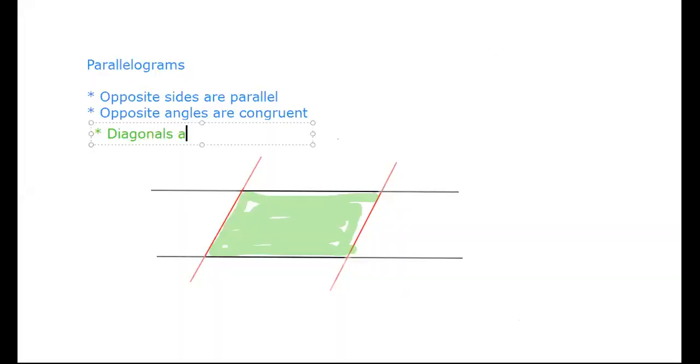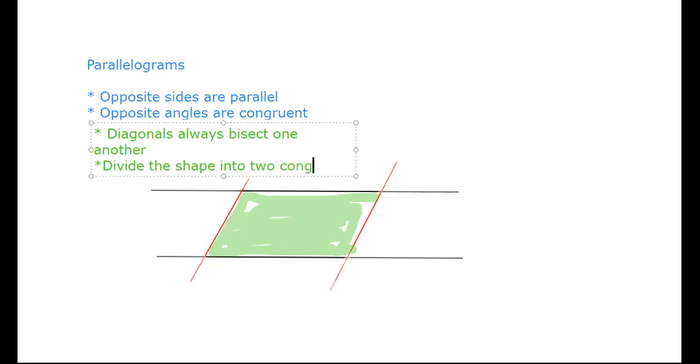Diagonals always bisect one another. And we use that in that very last problem. That's one last characteristic of parallelograms. And another one is the diagonals of a parallelogram divide it into 2 congruent triangles. So they divide the parallelogram or the shape into 2 congruent triangles.